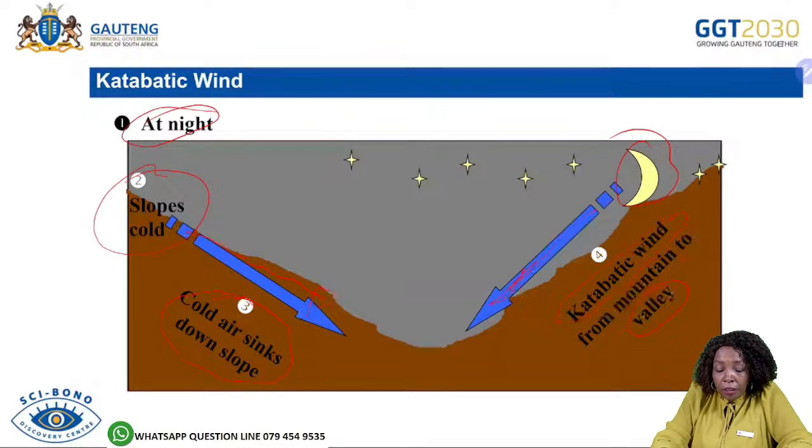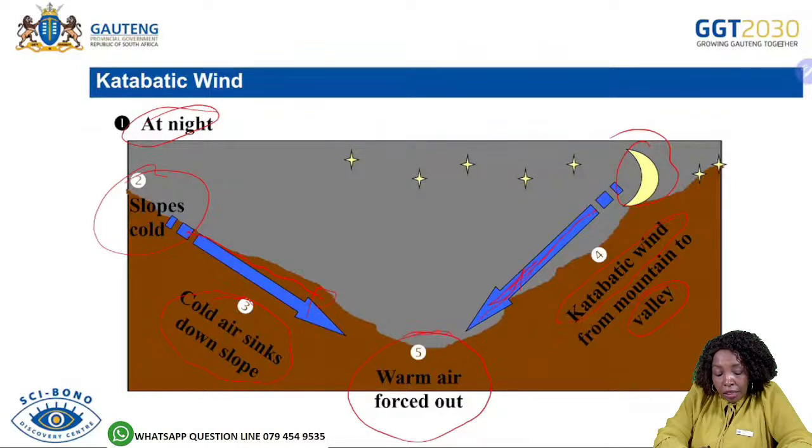So to explain what further happens is that this cold air that trickles down the valley gets warmer as it sinks. So adiabatic heating takes place, and then the warm air will settle at the valley floor.